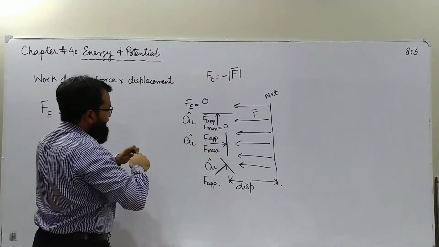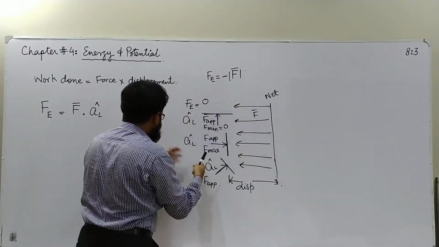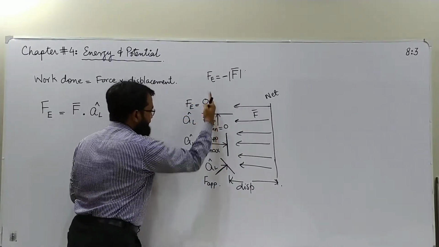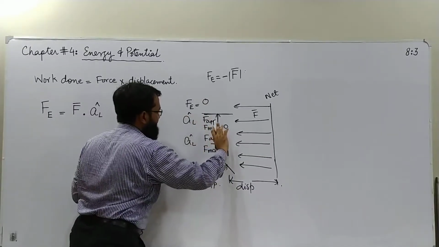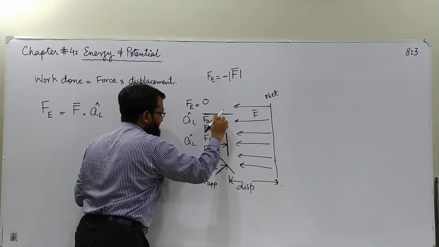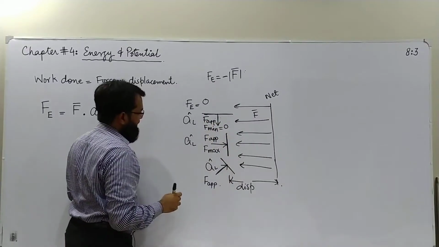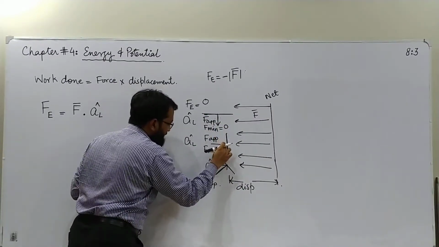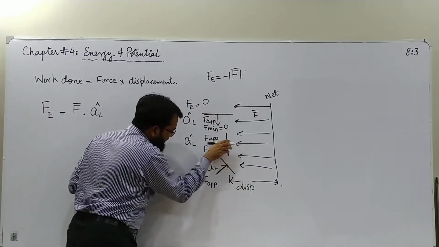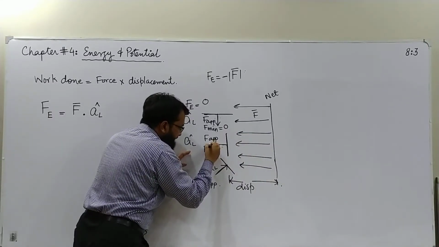It means that the fundamental problem is with this diagram, not this definition, that I am taking AL as the direction in which I am moving. No, I should not take that as the direction AL. Rather, I should take the direction opposite to that.